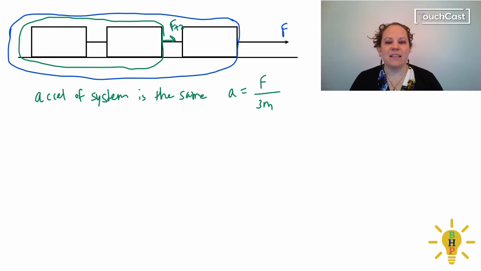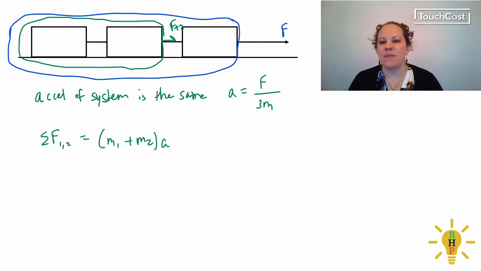Now we're just going to apply the net force on 1 and 2 to just those two boxes. And again, this guy was M1 and this guy was M2. They do happen to be equal to the same mass M. So we've got that tension 2.